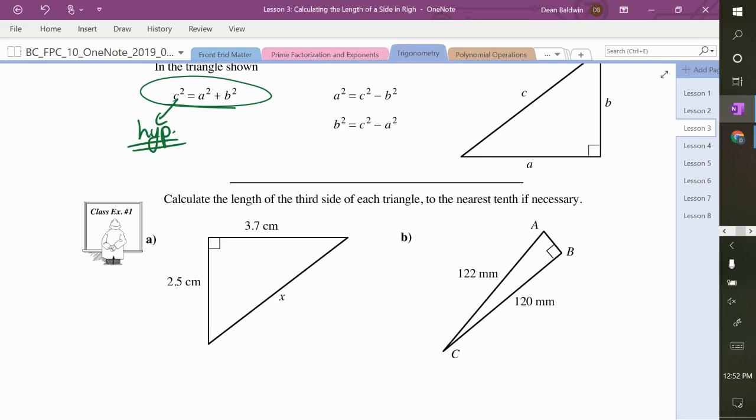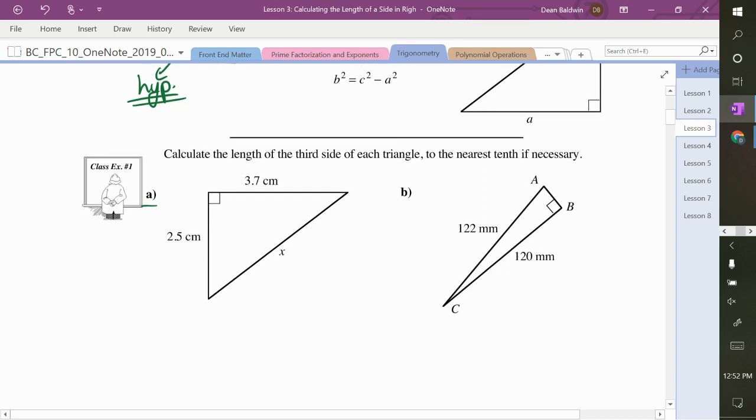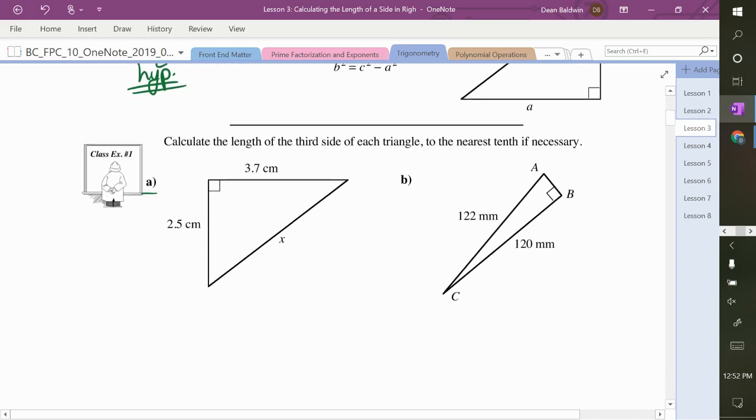Okay? So for this question here, do we know two sides? Yes, we do. So we write it out. A squared plus B squared is equal to C squared. Then label your sides. What is the hypotenuse? X. This is the hypotenuse.